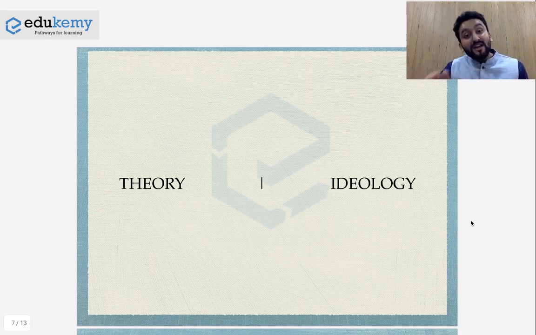And these set of ideas have an objective or some objectives. Okay, this is ideology. Set of ideas having some objective, shaping society. Okay, many times we are impacted by an ideology, but we don't even recognize that.